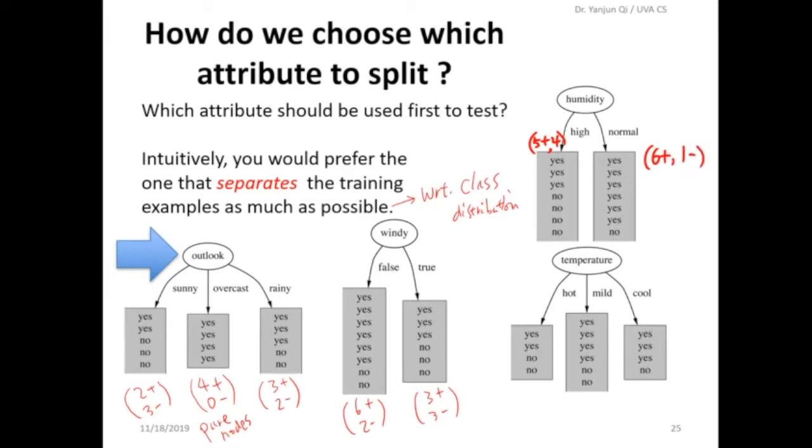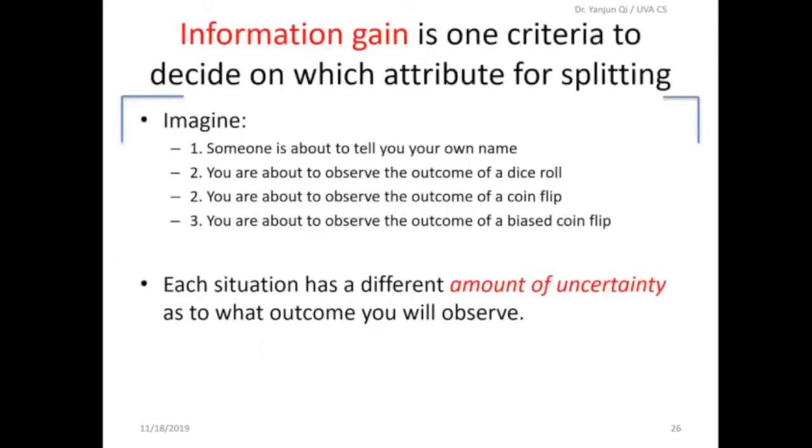And just from intuitive feeling, you can tell this one is better. It immediately creates a node that is already absolutely certain. All the other splits have some kind of uncertainty involved in each of the children nodes. Okay, so this is our intuition.